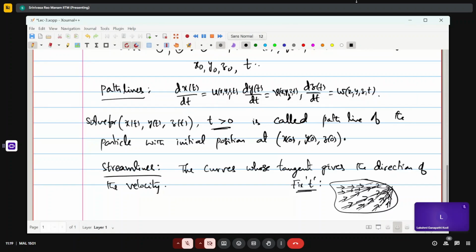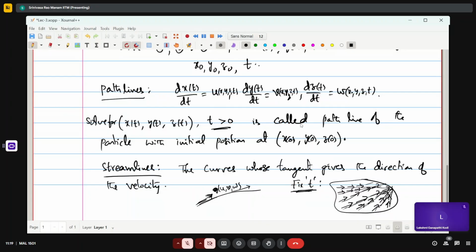Just think of a fixed time. You draw the lines, the curves that give the direction of the velocity. This is your Q, that is basically u, v, w. The direction of the u, v, w vector at every point is what your streamline is.